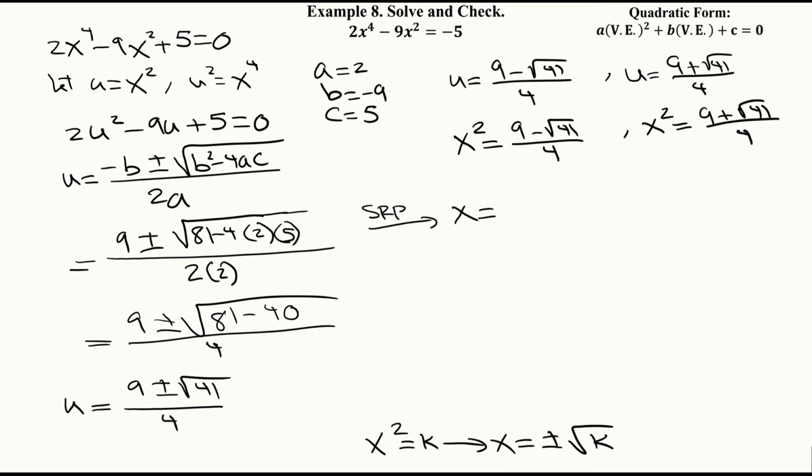So we're going to get x equals plus or minus the square root of 9 minus the square root of 41 over 4. And on this side, we're going to get x equals plus or minus the square root of all of that, so 9 plus the square root of 41 over 4.